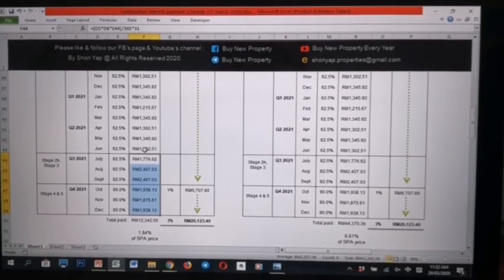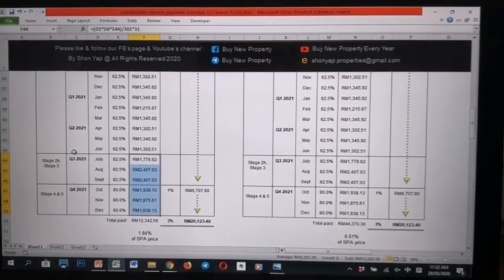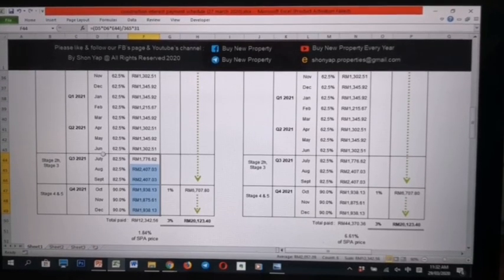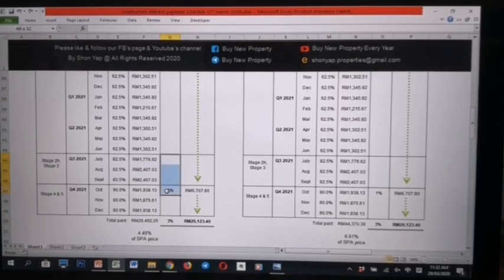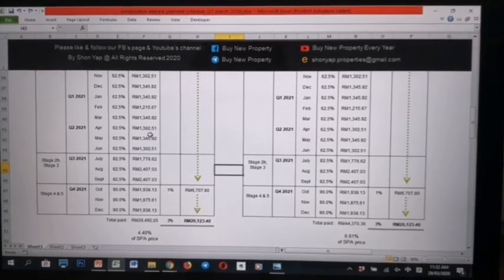So the later you buy the property, the SPA price may increase, but the total interest you pay is lesser. So this is actual: if you buy now, 29,000; if you buy later, you need to pay 12,000, but the SPA price amount may have increased already.